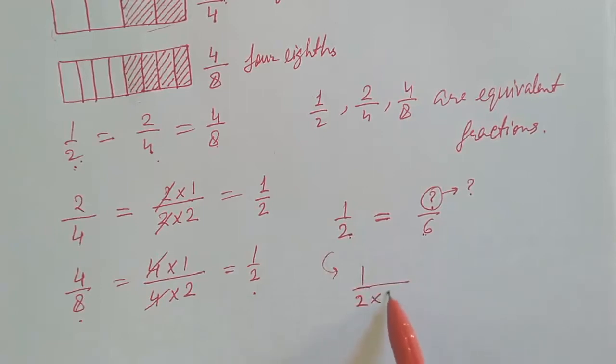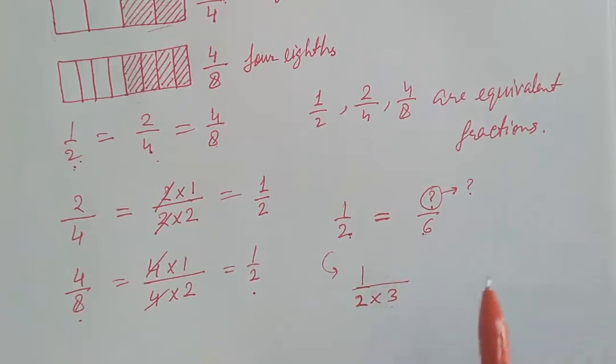You multiply this 2 by 3 and you will get 6. 2 3s are 6, right? So in this manner we can convert this 2 into 6 by multiplying by 3. But if you multiply this denominator by 3, you also have to multiply the numerator by the same number.